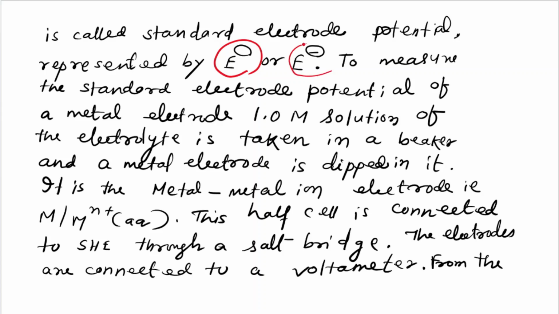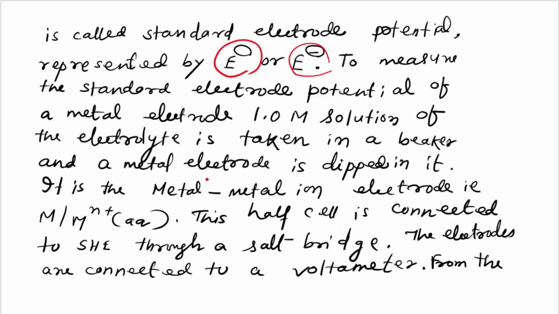To measure the standard electrode potential of any metal, zinc, copper and so on, a 1 M solution of electrolyte is taken in a beaker. Suppose I want to take copper, then a copper solution having strength 1 M is taken, such as copper sulfate. The electrolyte is taken in a beaker and a metal electrode is dipped in.